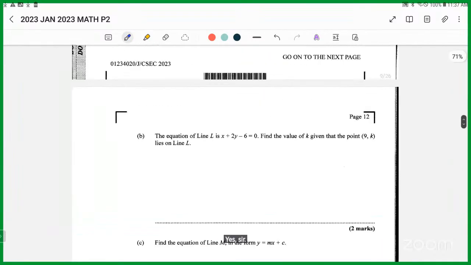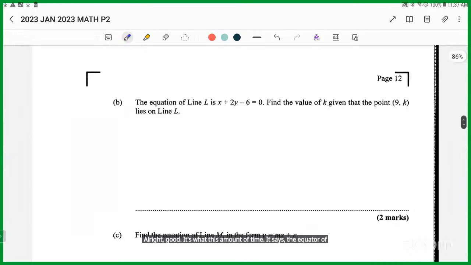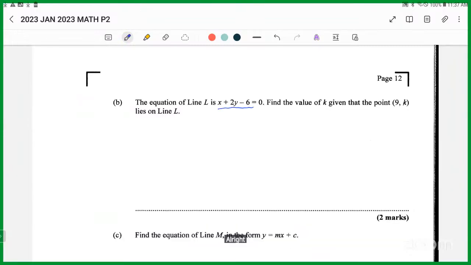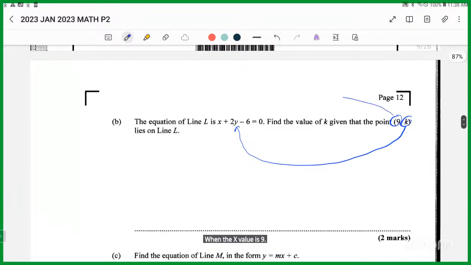The next part says the equation of line L is this. So they give us the equation of line L. It says find the value of K such that the point (9, K) is on L. There are 2 ways we can do this. K is the y value when the x value is 9.